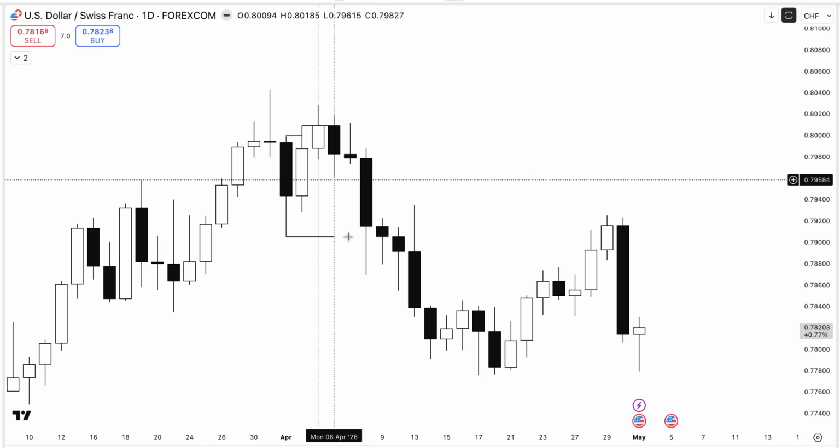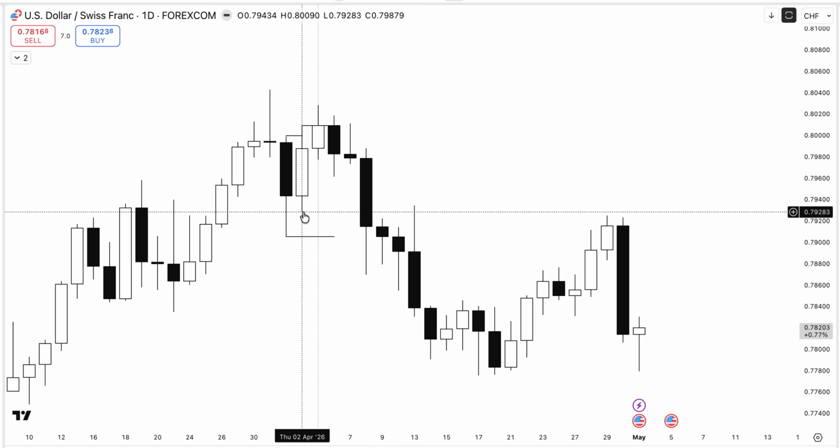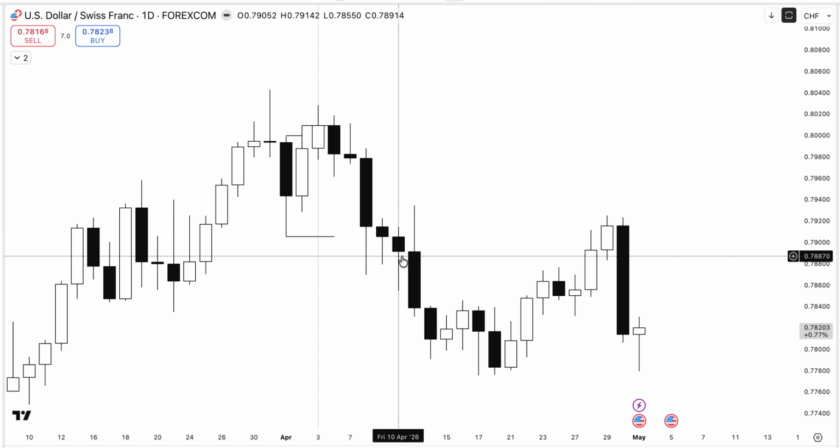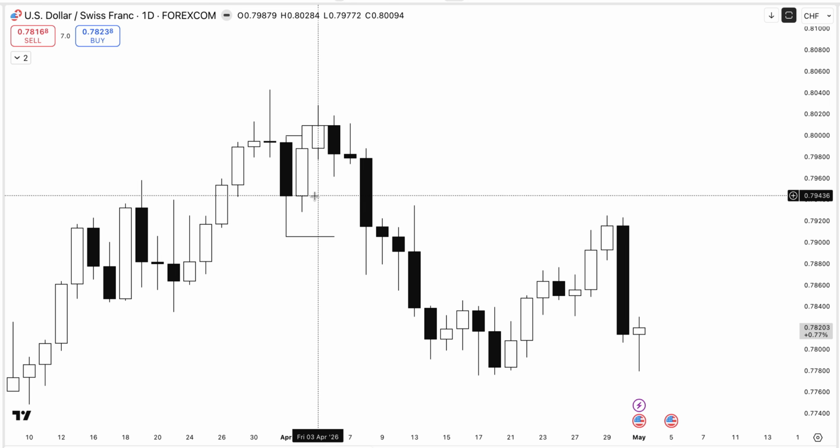So here we have, after price wicks above this guy right here, we can see that price also came down to close here. So we are now fully bearish because we have now gotten a closure below. We have gotten a closure below this candle that price wicked above.